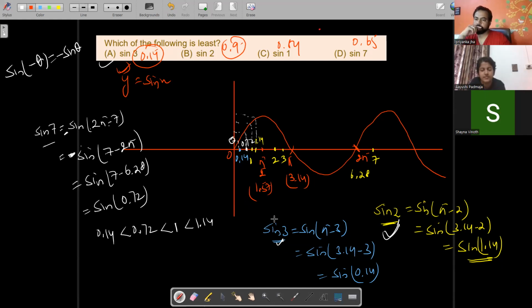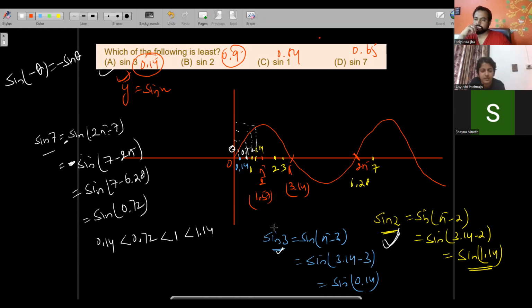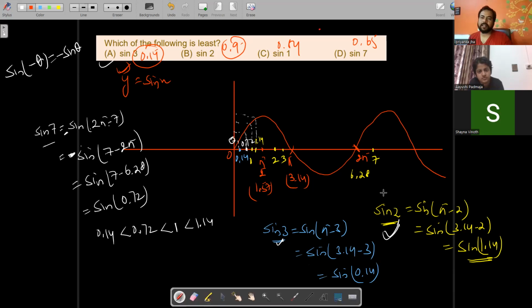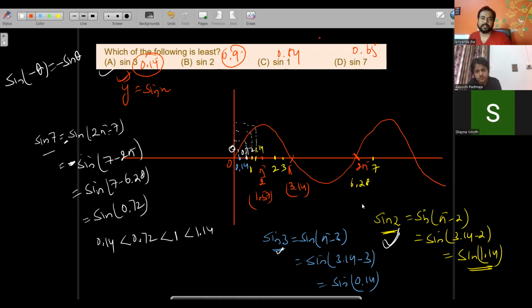By this method and by scientific calculator, why are we getting different values of sine? It's in degrees only. Okay, you have taken degrees. You have to take these angles 1, 2, 3, 7 in radians. Oh, right. Okay.